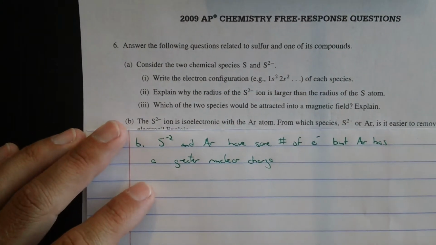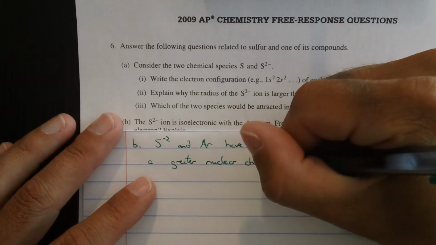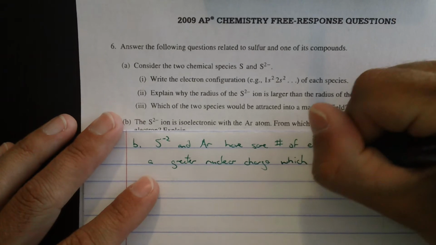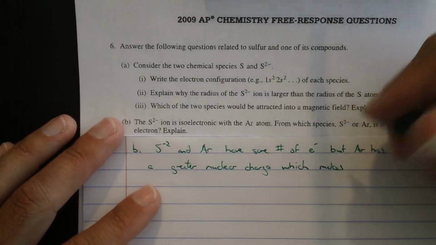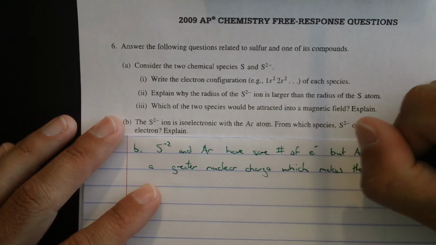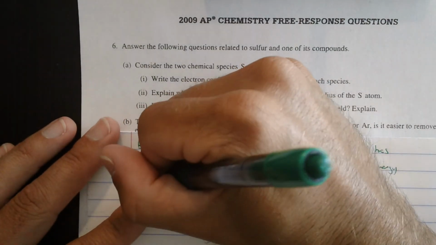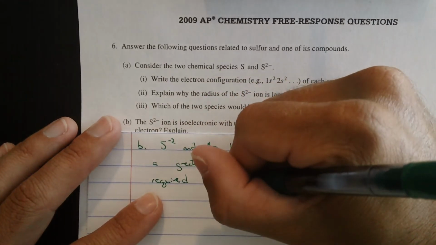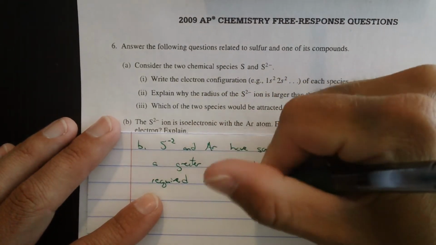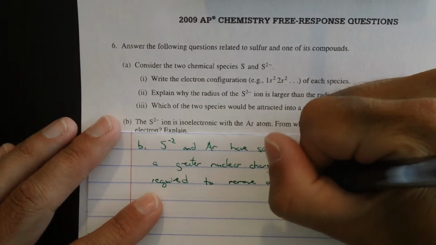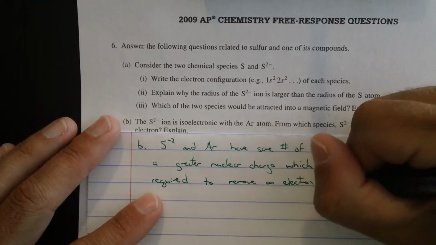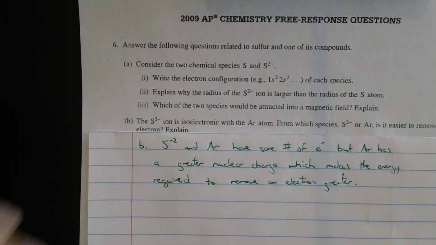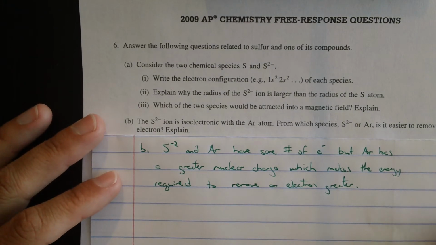It has 2 additional protons, so it has a greater nuclear charge, which makes the energy required to remove an electron greater. That bigger positive nuclear charge is holding on to those electrons a little tighter.